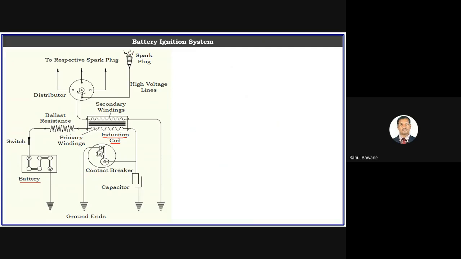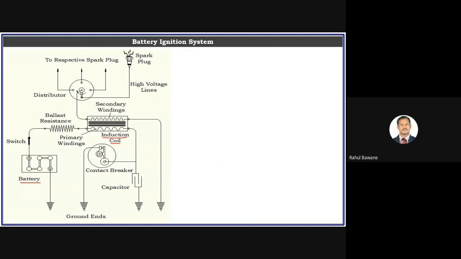But when it becomes hot, or overheated, it provides a high electrical resistance, so the current flow will reduce. And as current flow is reduced, the chances of burning or damage of the induction coil due to overheating are avoided. For that, we provide a ballast resistance.